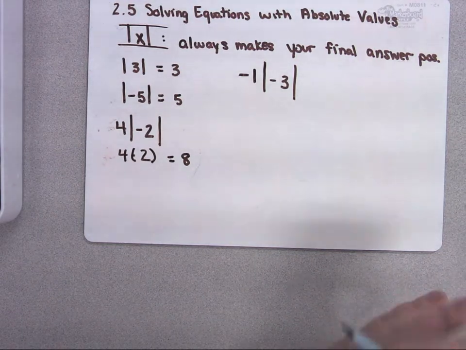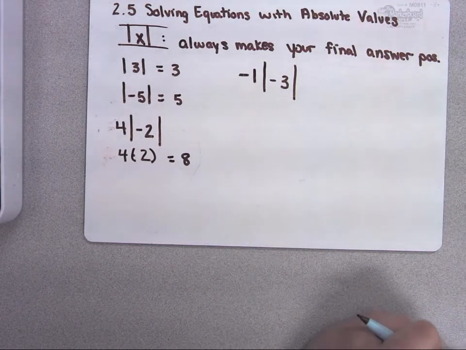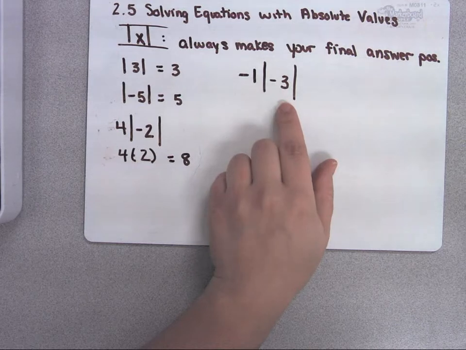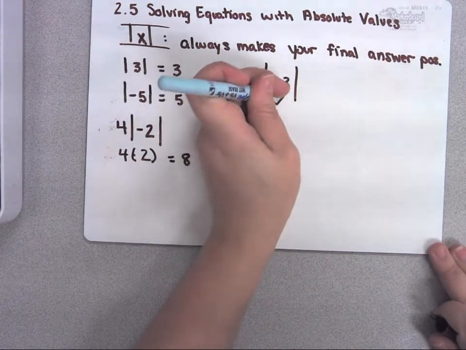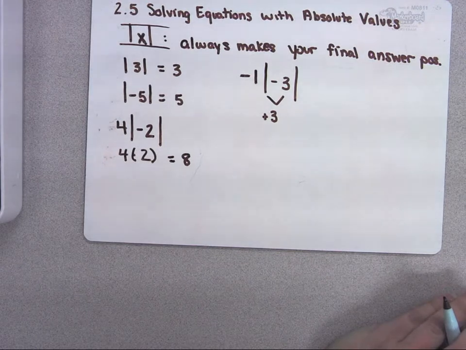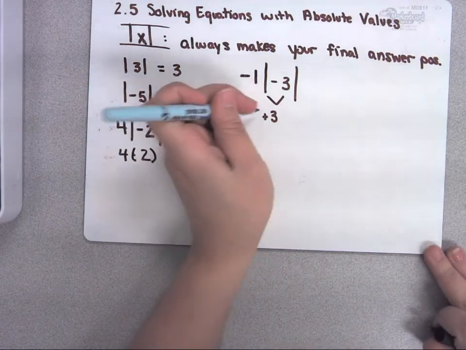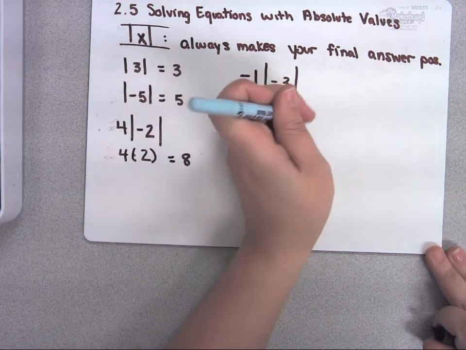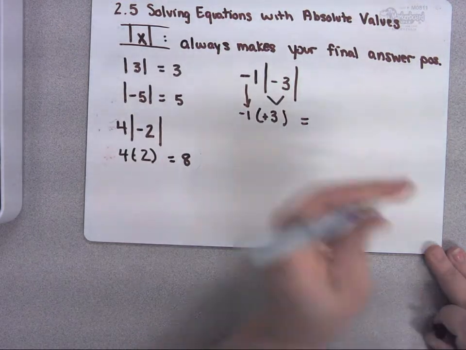Again, always start in the parentheses, which in this case is the absolute value. What do we do first? Okay, so this turns into +3, but then what? Yeah, this is still negative. So when we multiply it by -1, what's my final answer?